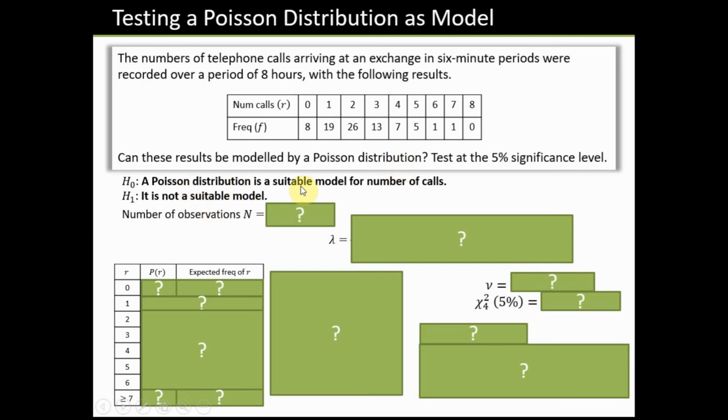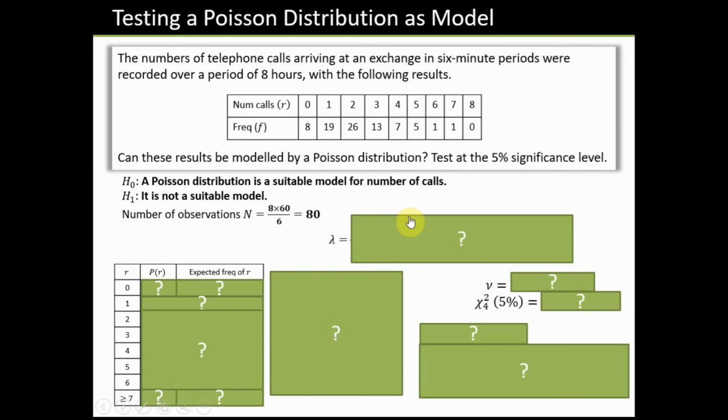So null hypothesis, Poisson is a suitable model. Alternative, it is not. The number of observations actually can be worked out because we know that we've got 8 hours, so that's 8 times 60 minutes, but then in 6-minute periods, so divide by 6. So there are 80 periods here.